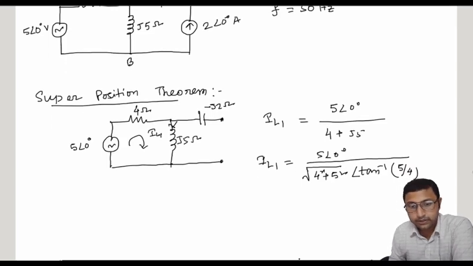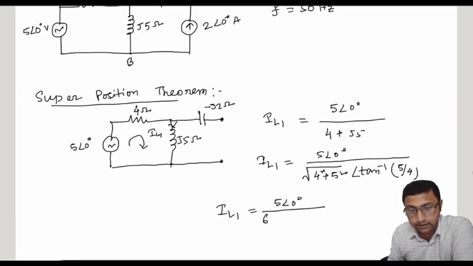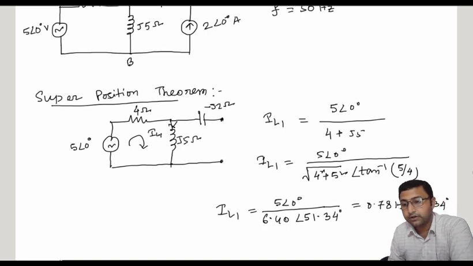If I calculate it, IL1 will be 5 angle 0 divided by 6.40 at an angle 51.34 degree. Further simplifying, it results in 0.781 angle minus 51.34 degree.